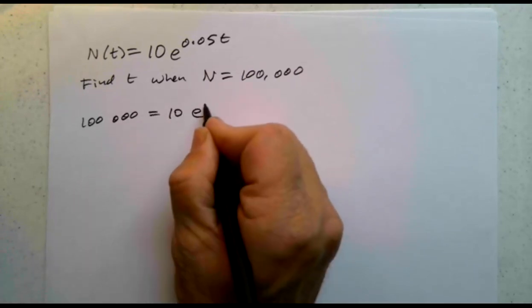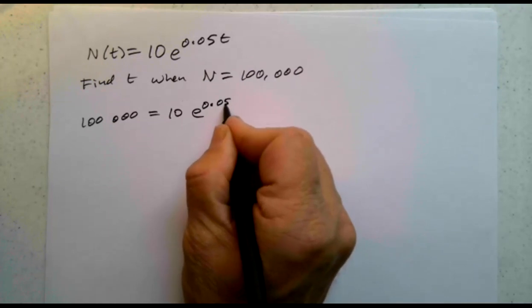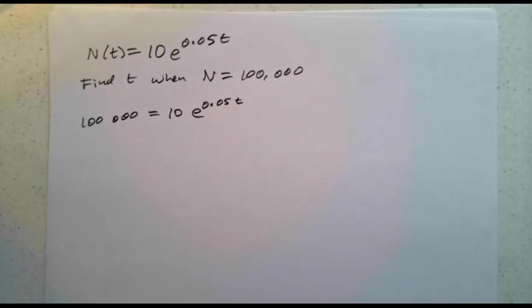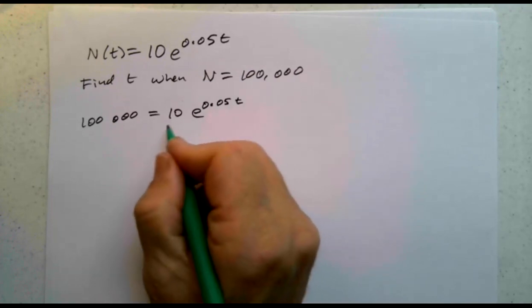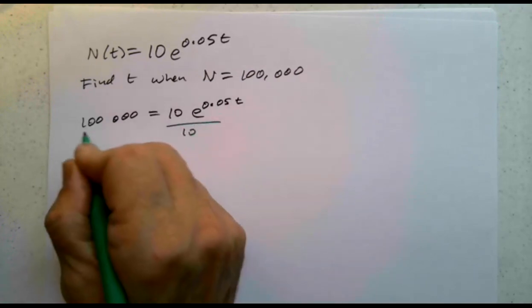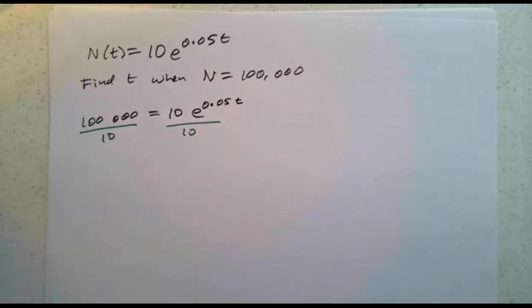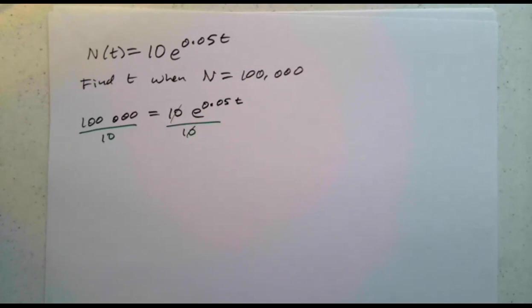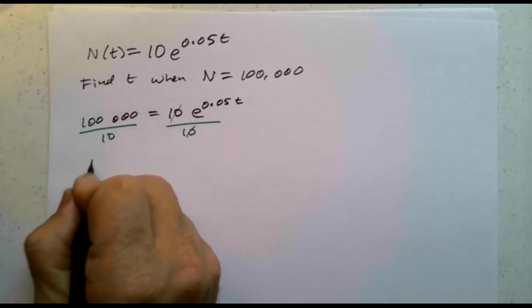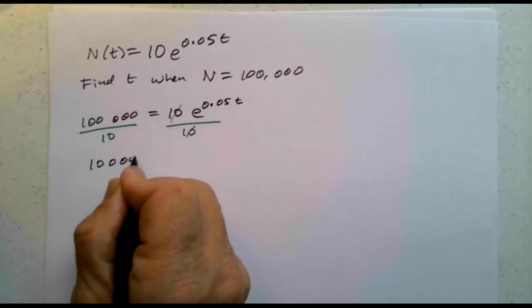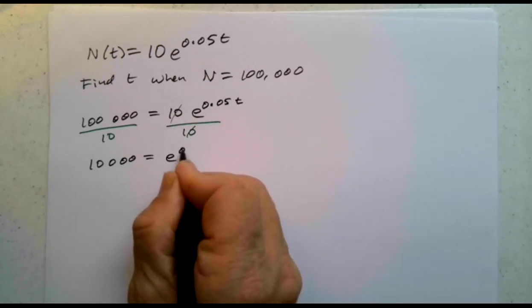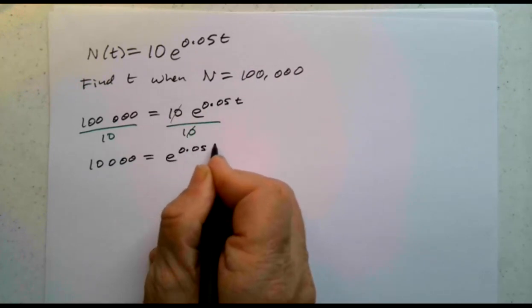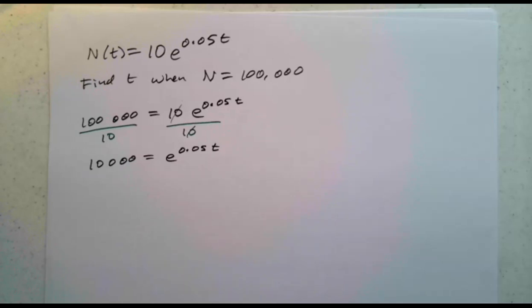equals 10 e to the 0.05 t. Let's go ahead and divide by 10. So that goes away. 100,000 divided by 10 is 10,000. Now we're going to take the natural log of both sides.